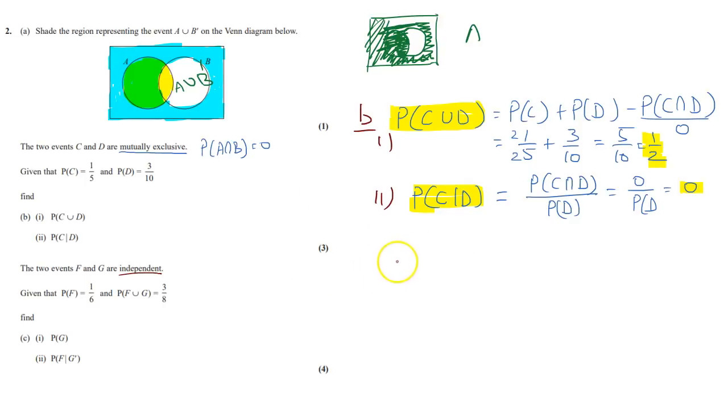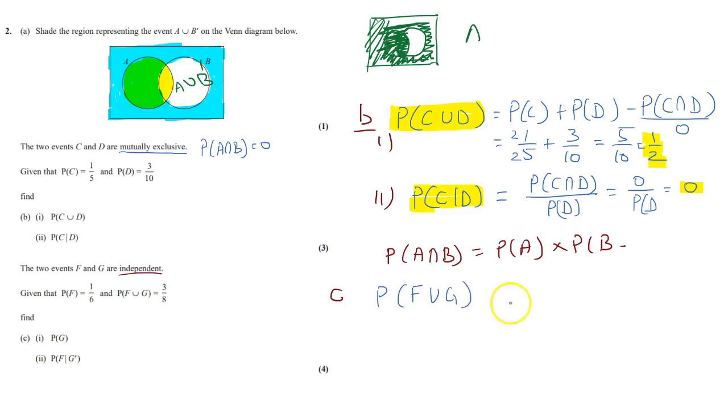And we know about independent events that probability of A intersection B is probability of A multiplied by probability of B. So let's write: probability of F union G is equal to probability F plus probability G minus P(F intersection G).